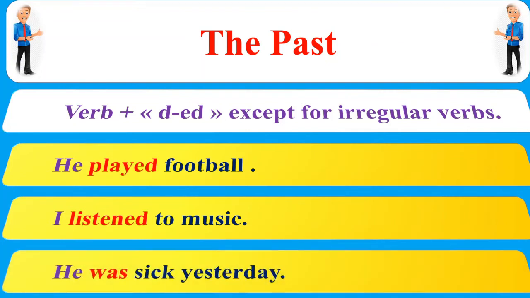He was sick yesterday. هذه أشكال يأخذها الفعل في الماضي ونضيف إما حرف d أو ed إلى الفعل لكي نكون الماضي. إلا الأفعال المتغيرة كفعل الكينونة، فهو لا يبقى نفس الفعل وإنما يتغير كليا وهذا سوف نراه لاحقا.